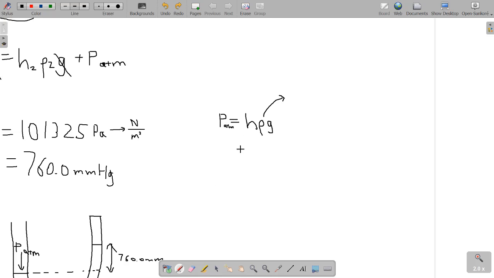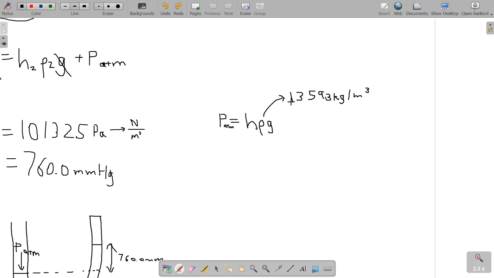So I'll use SI units. The density of mercury is 13593 kg per meter cube.